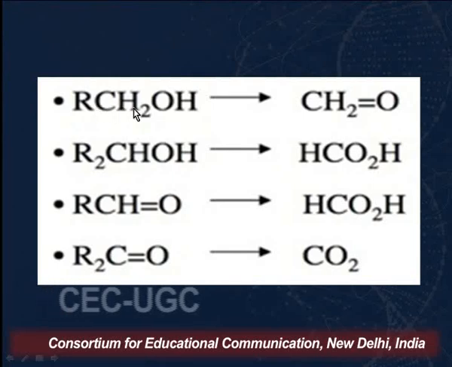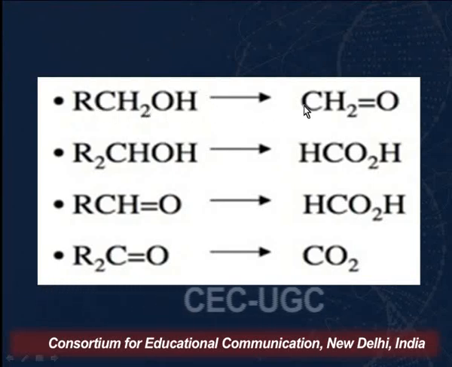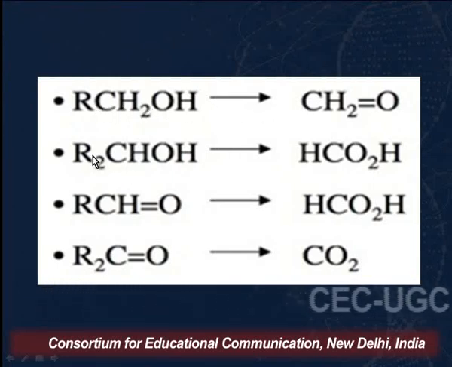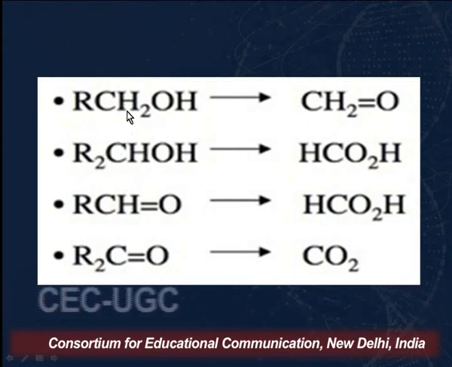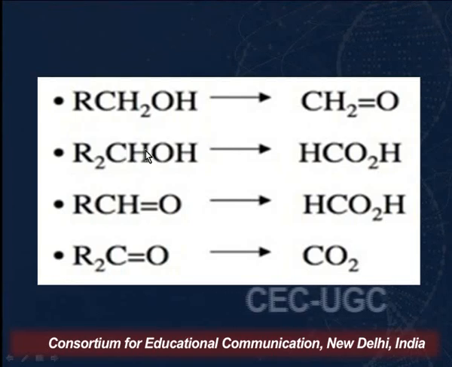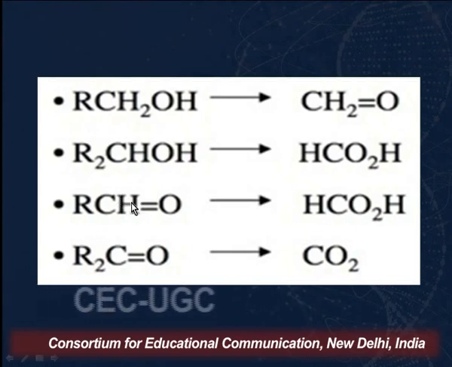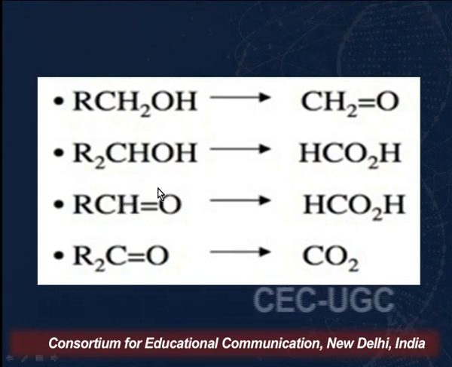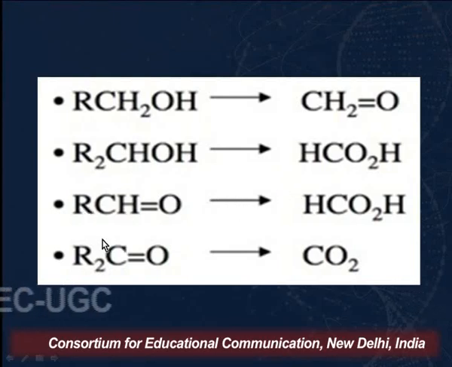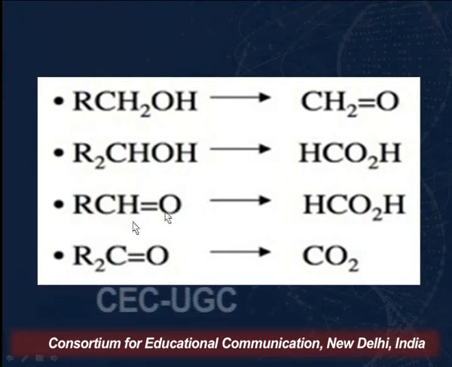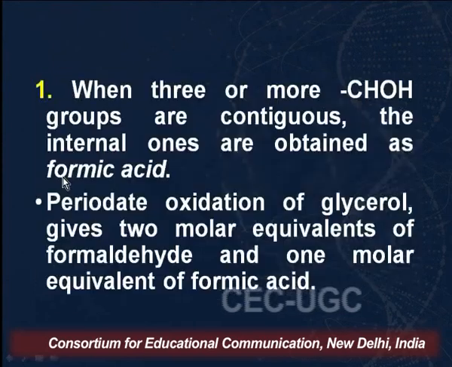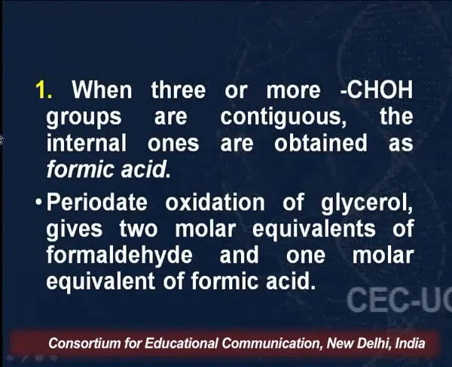If it is a terminal hydroxyl group, it will be converted into formaldehyde. If it is a secondary hydroxyl group sandwiched between two hydroxyl groups, it will be converted into formic acid. If it is an aldehyde group, then you know that when we carry out the oxidation of aldehydes, they are converted into acids, so we will get formic acid. And if it is a ketonic group, then of course it will be oxidized into carbon dioxide.